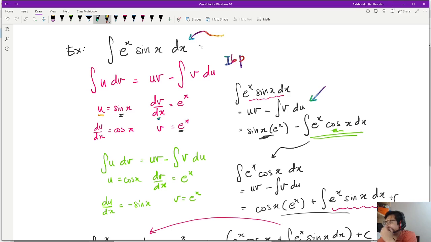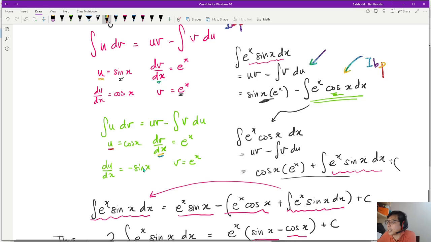But then what I've done is I got another integral here, which I have to solve again by integration by parts. So I do that once again. So again, I choose which u I like and which dv. I calculate everything again using this formula again.